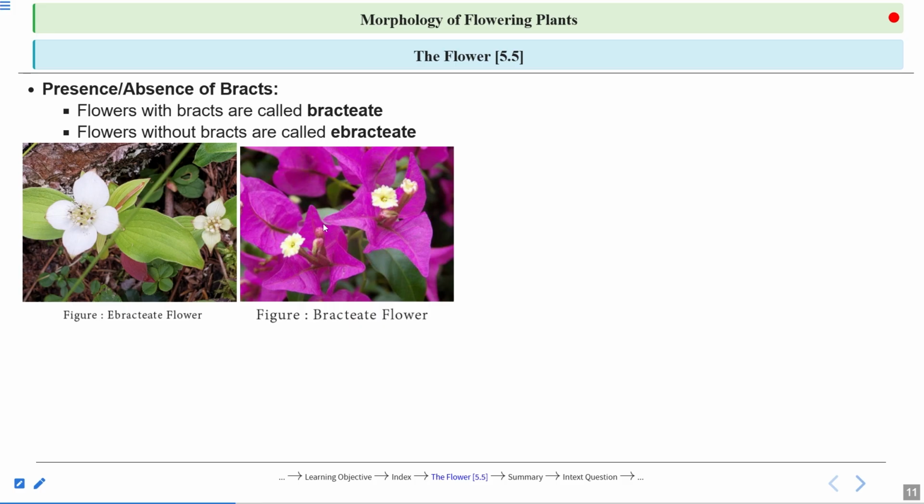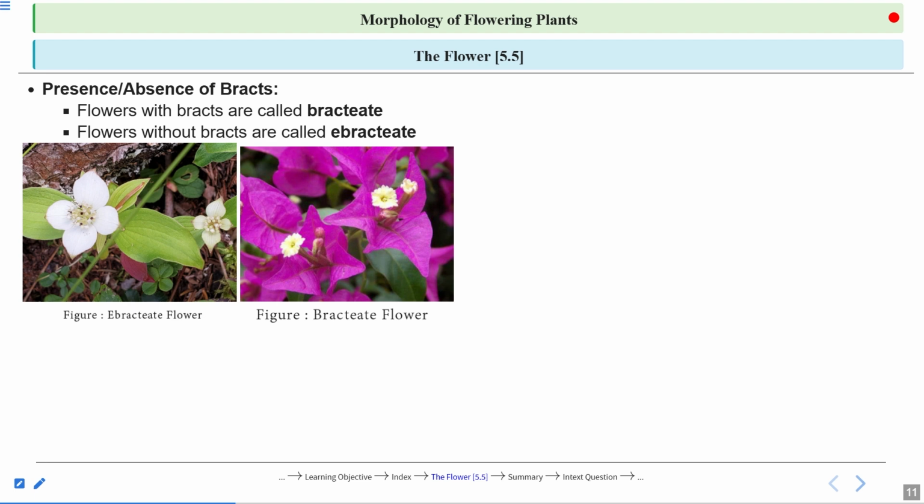Some leaves got modified into colorful structures. They look like petals, but actually they are not petals; they are doing the function of petals. These leaf-like structures got transformed into bracts.